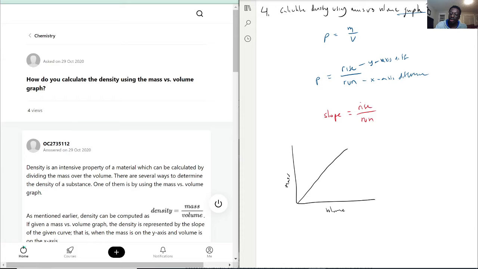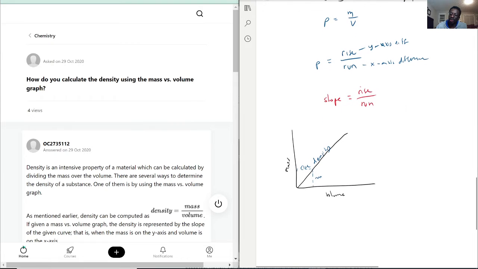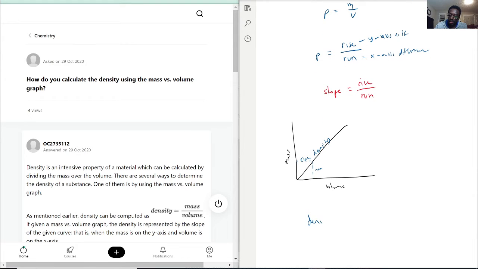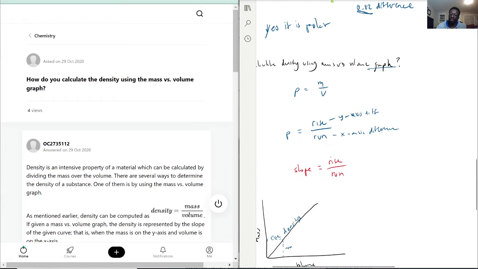Our slope is our density. Once you calculate how much it went up, so the rise divided by run, you would get the density. So the density is your slope when it's mass versus volume.